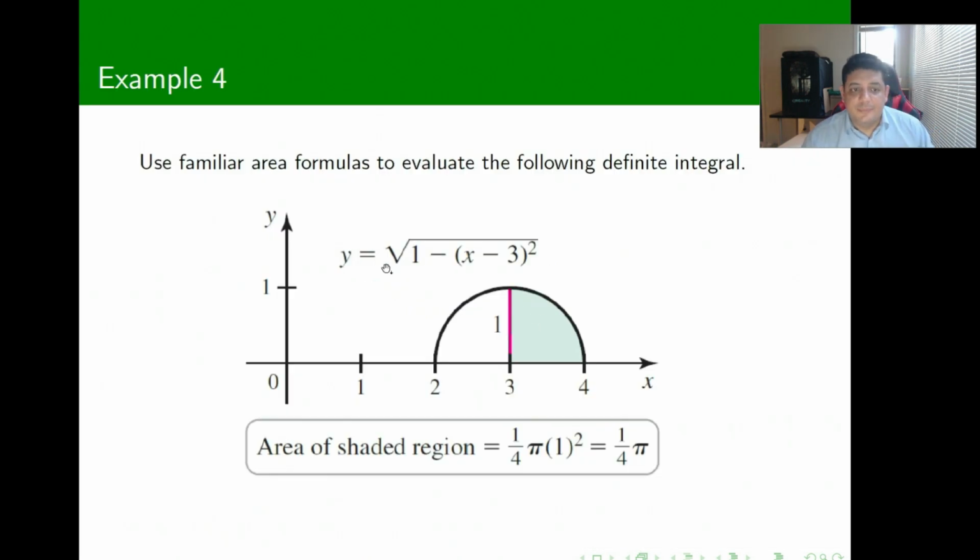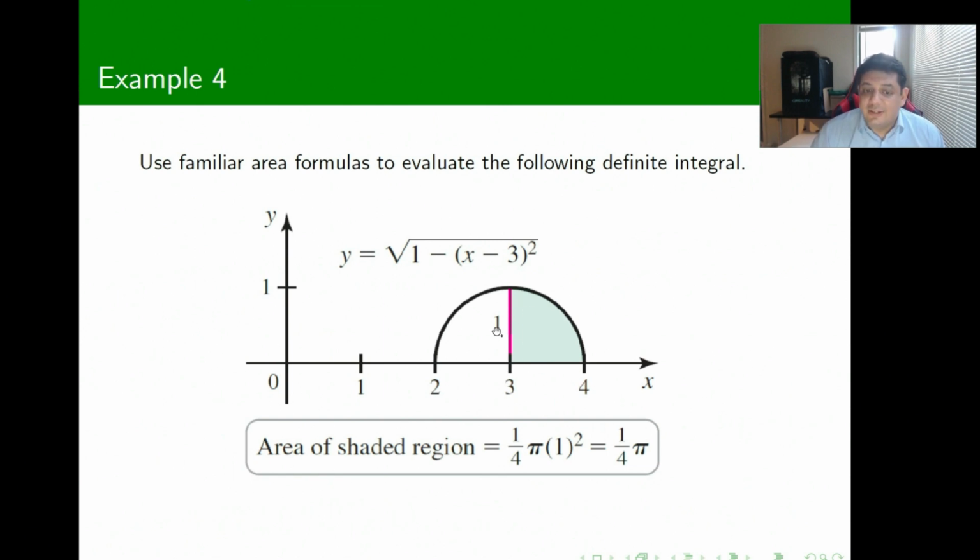We can now use familiar areas to get another type of function. For example, we know the area of a circle. Take a function describing a semicircle, y equals the square root of 1 minus (x minus 3) squared, between 3 and 4.